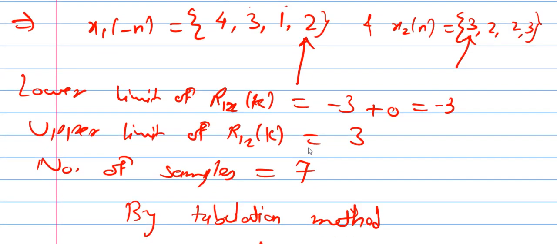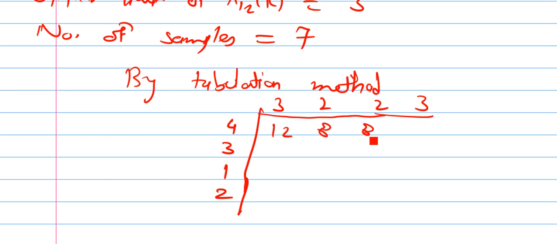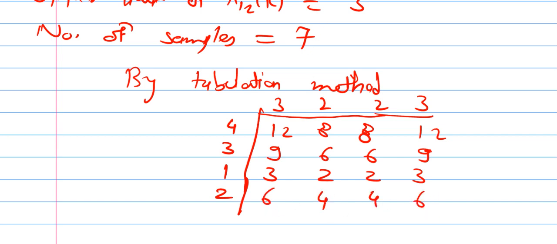What are the amplitudes? 4 3 1 2, and here the amplitudes are 3 2 2 3. Now multiply: 12 8 8 12, 9 6 6 9, 3 2 2 3, 6 4 4 6. Now split.